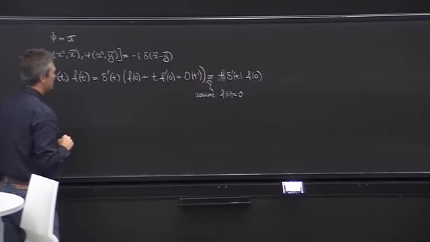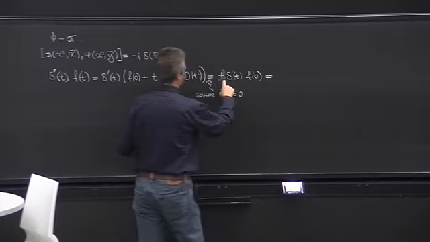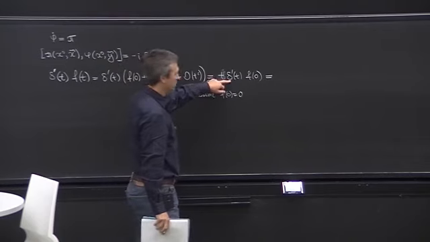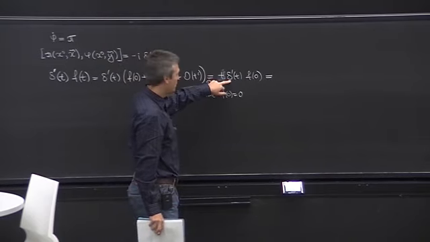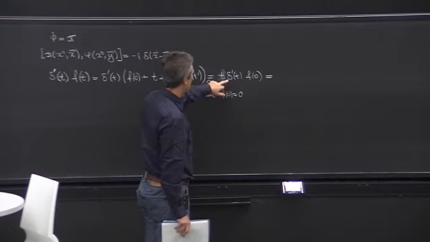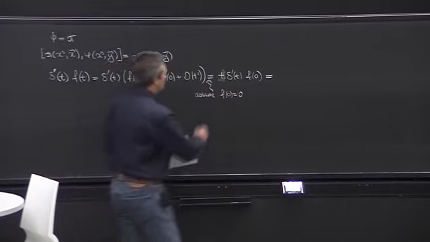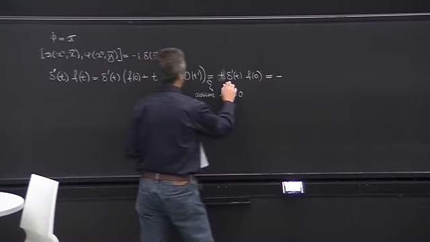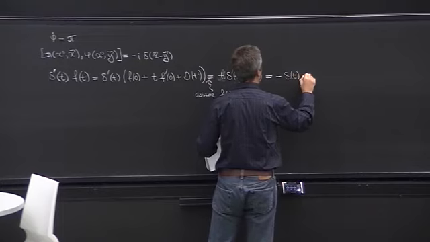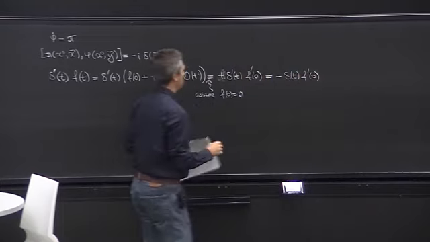The other terms don't contribute. And the claim is that the delta function only really works when we integrate. So here, when we integrate by parts, the derivative acts on t. So this will be minus delta of t f prime of 0.